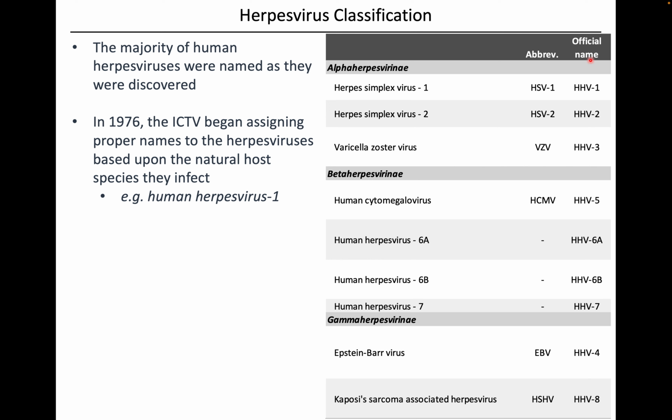So the official names are going to be HHV1 through 8. So this is human herpes virus 1, human herpes virus 2, etc. But we'll see both the traditional names and the newer official names being used throughout the chapter. So just be aware of that.